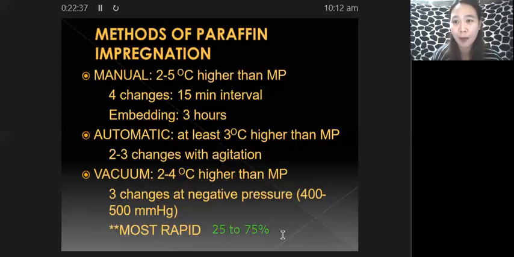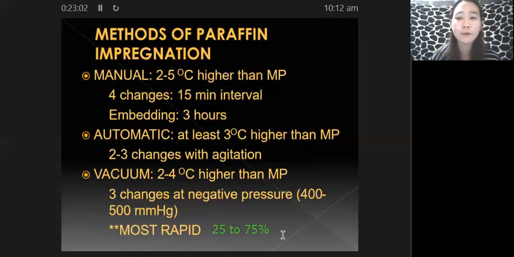It already hardened in fixation, in dehydration, and even more in clearing.